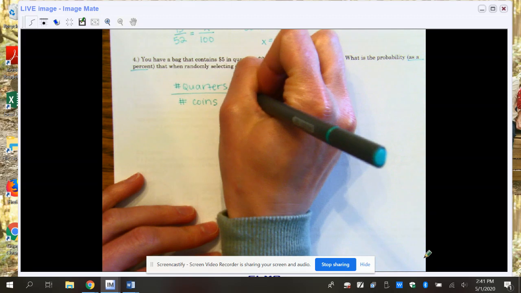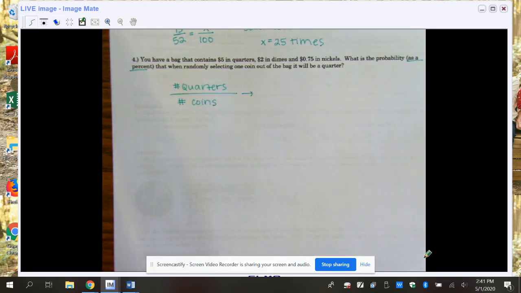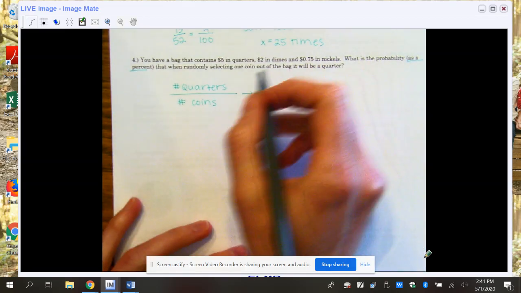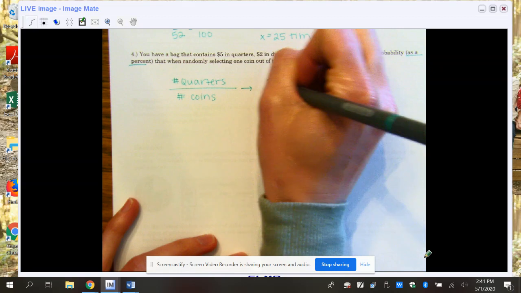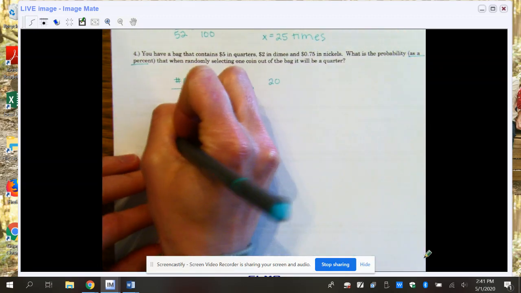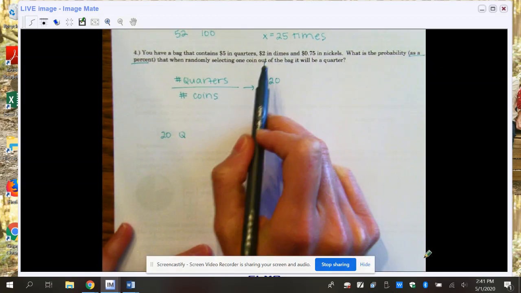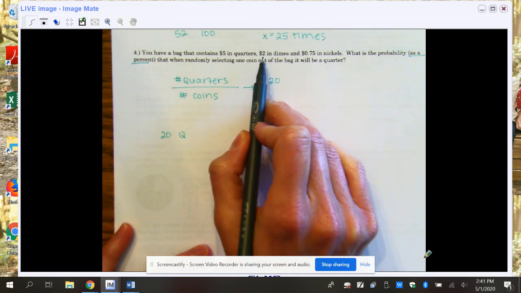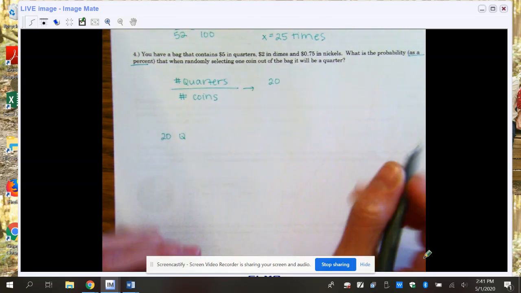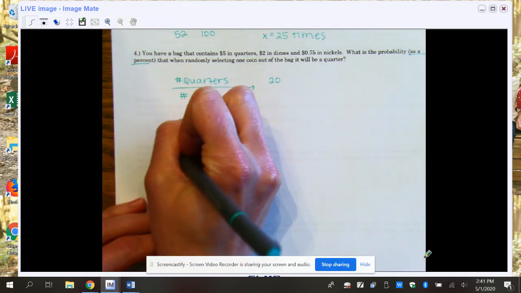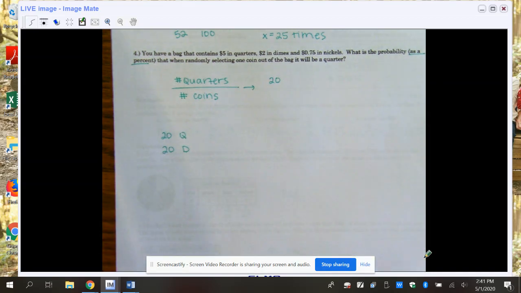So we need to first figure out how many quarters we have. Well, if we have $5 worth, and there's 4 quarters in $1, 4 times 5 is 20. So 20 quarters. Okay, so if we have $2 in dimes, there's 10 dimes in $1. 10 times 2 is 20.